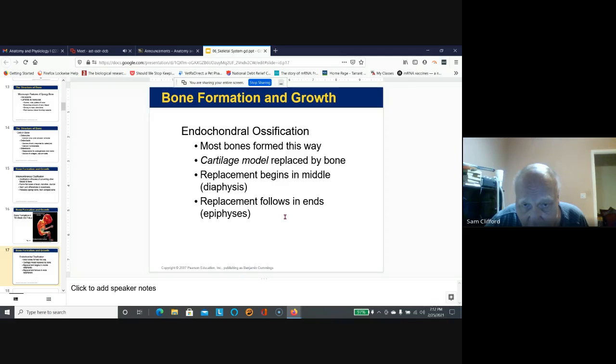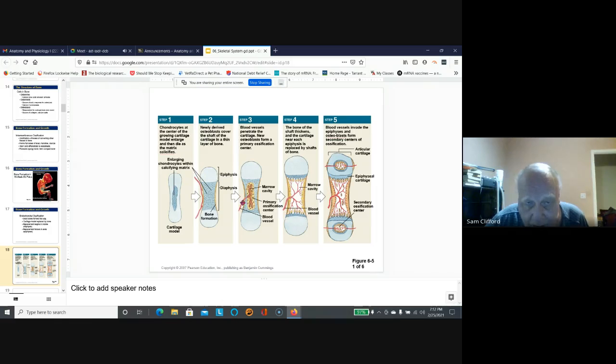Okay, so what is this process of endochondral ossification? It starts in the center of the cartilage, and blood vessels will move in. You'll begin to build the osteoblast, building a marrow cavity. Blood vessels are growing into the primary ossification center.